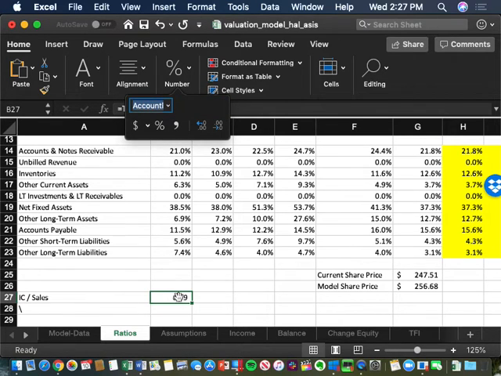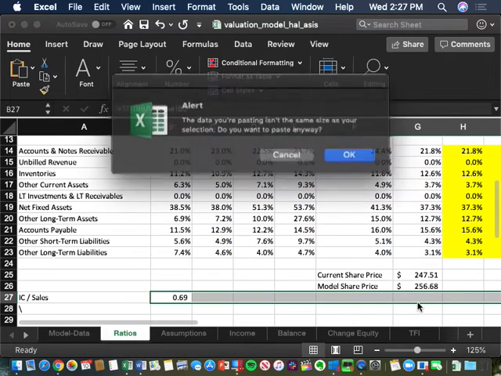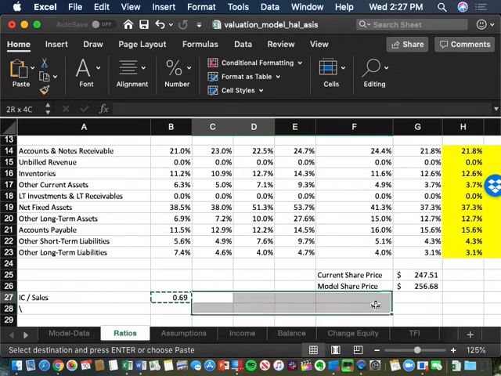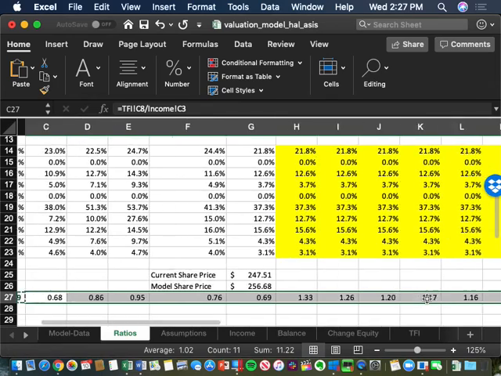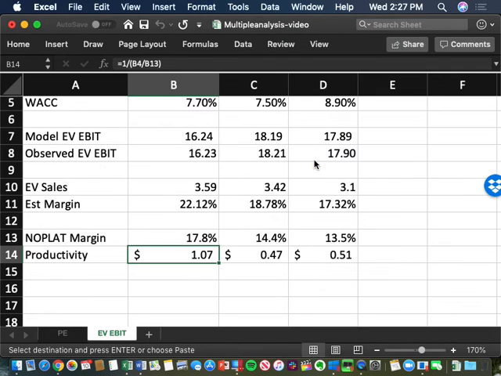Copy, paste. Copy, copy, paste. Here's the deal. This perpetuity number should be that perpetuity number.